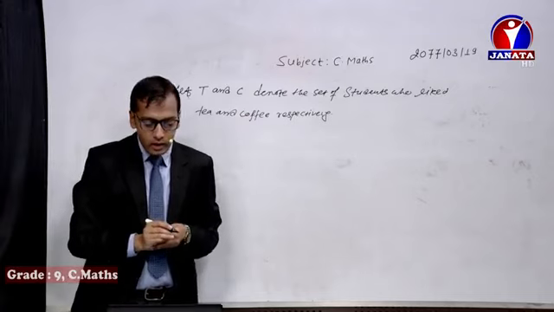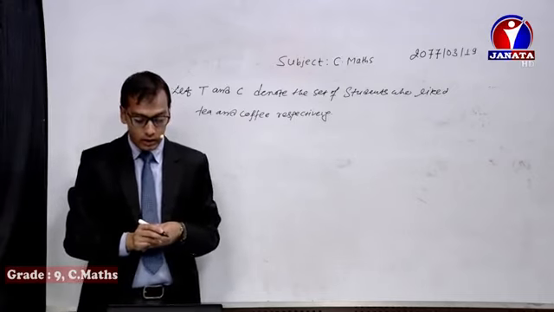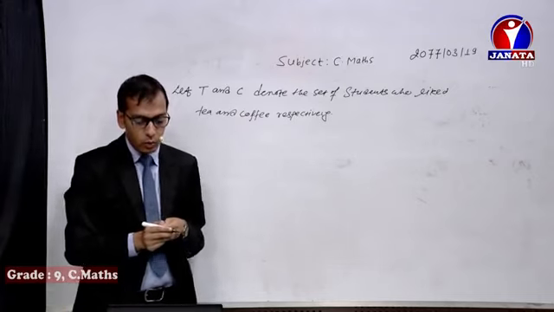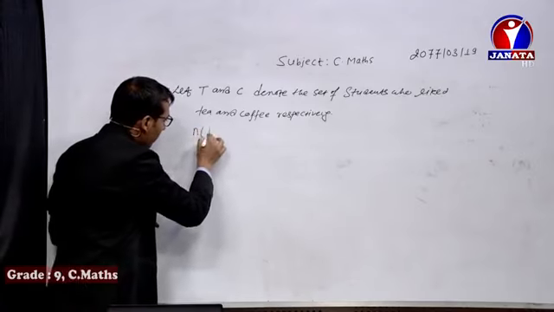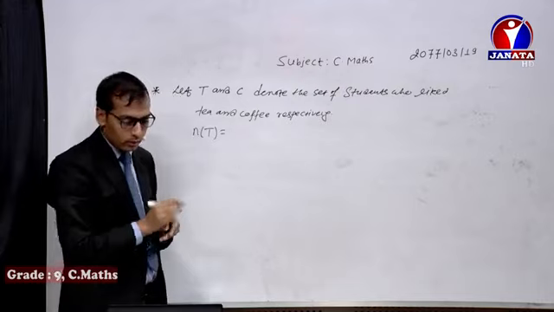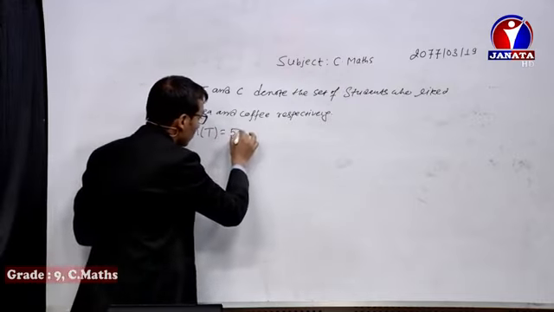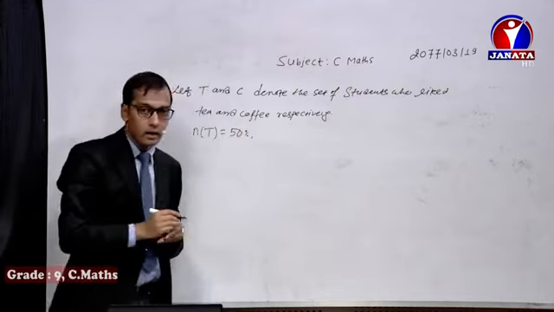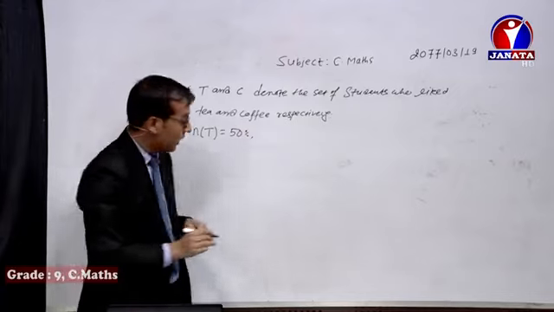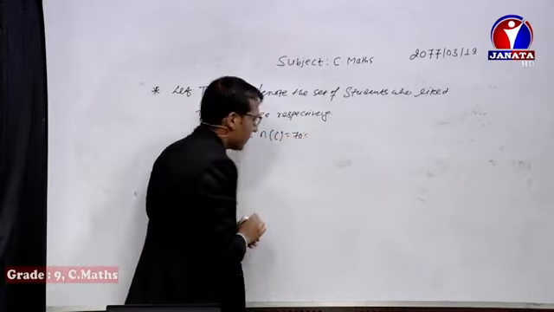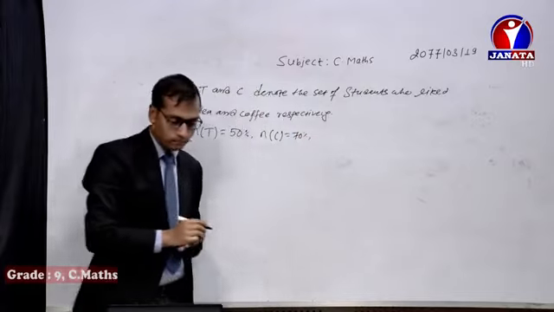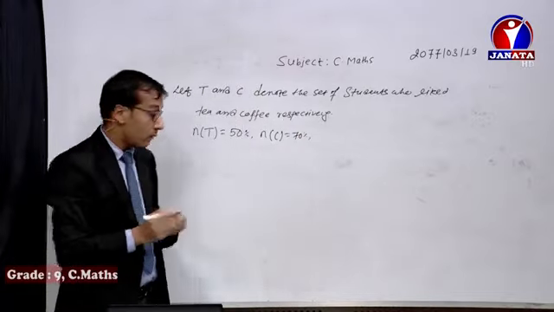Here the question is in terms of percentage and number. What is the percentage of students who like tea? N of T is 50%, N of C is 70%, and 10% don't like both.